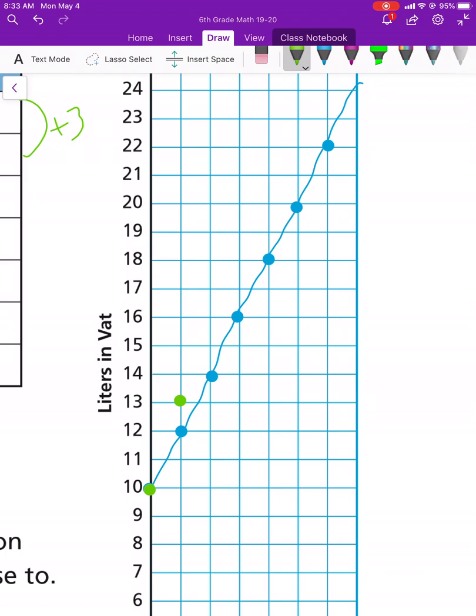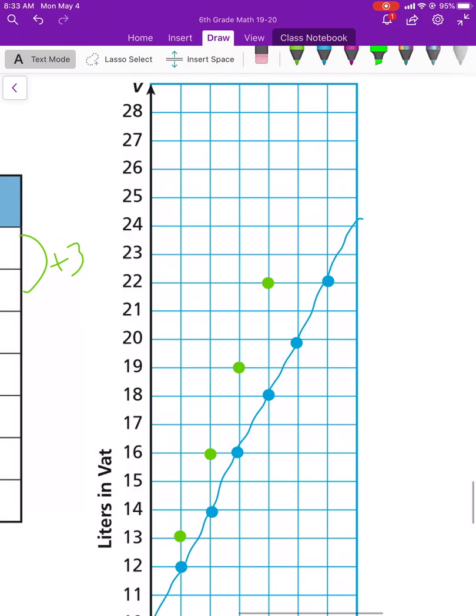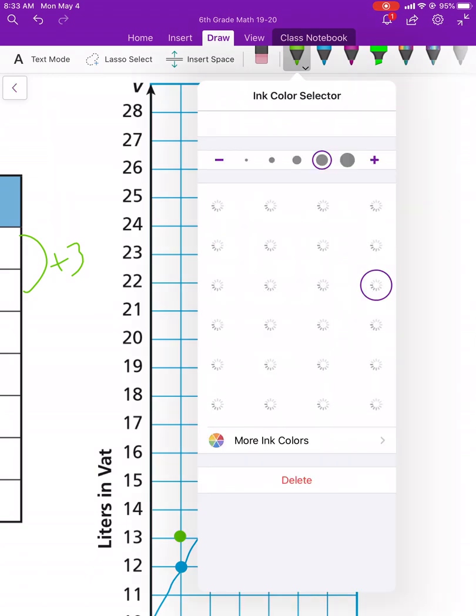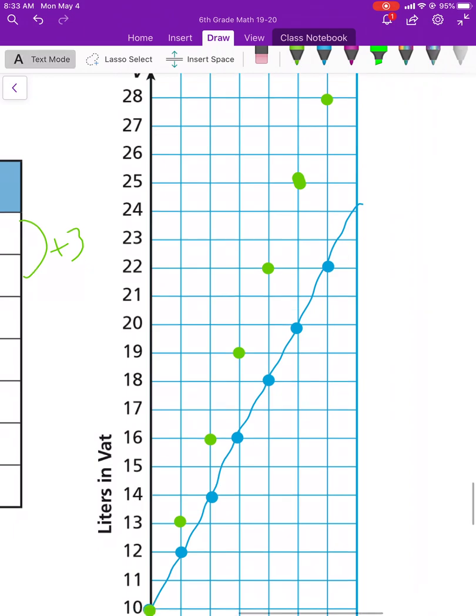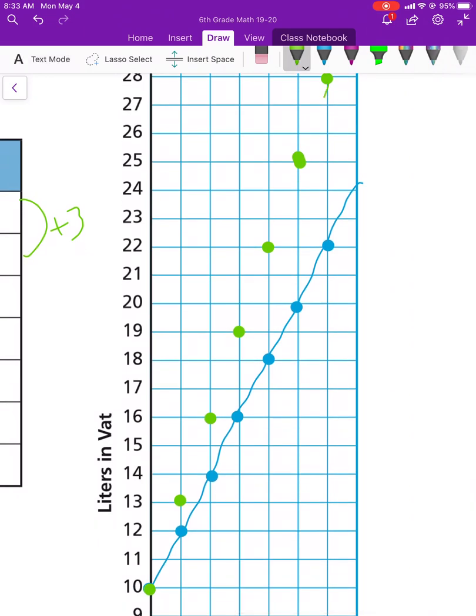So there's 3, 13, 16, 19, 22, 25, and 28. Perfect. And then if we make this, it looks like this. Not perfect, but does the job.